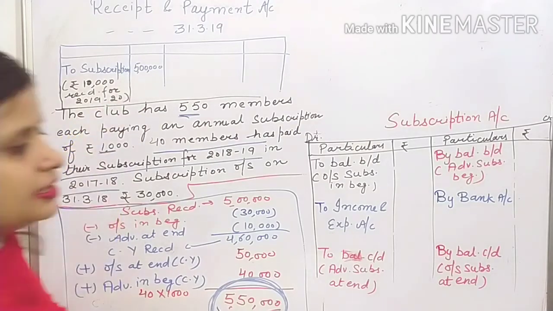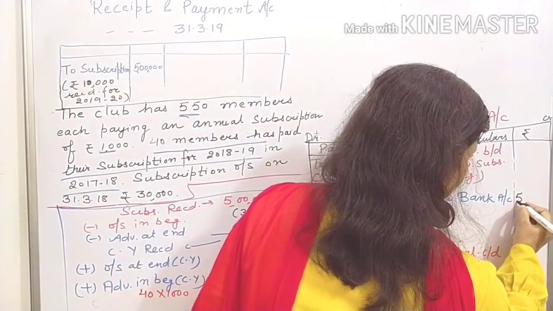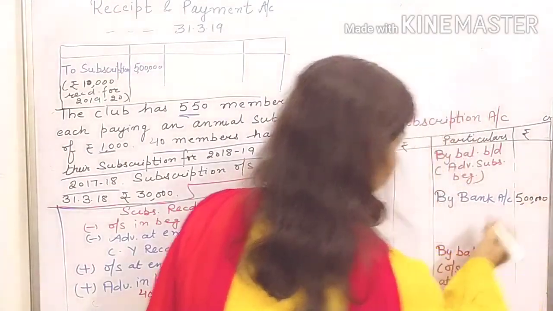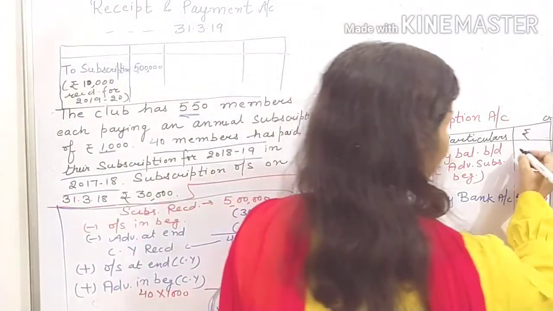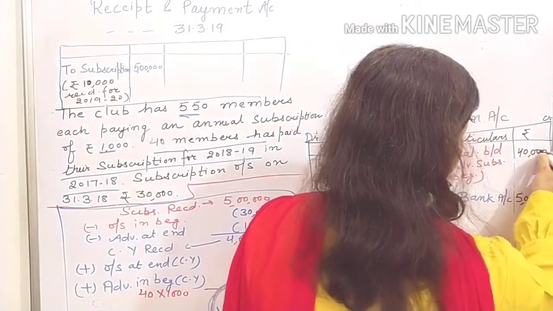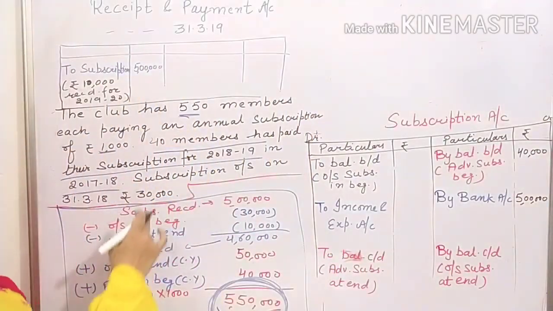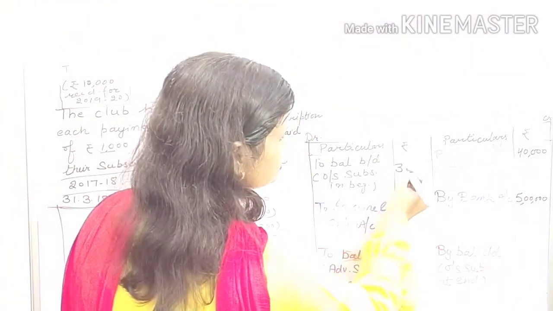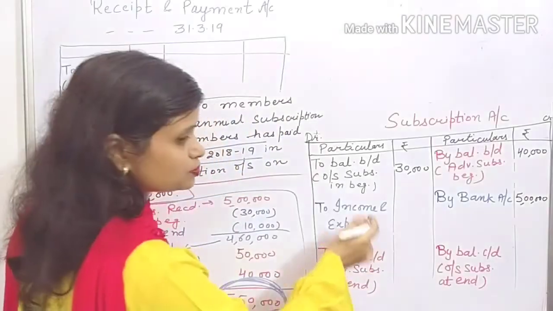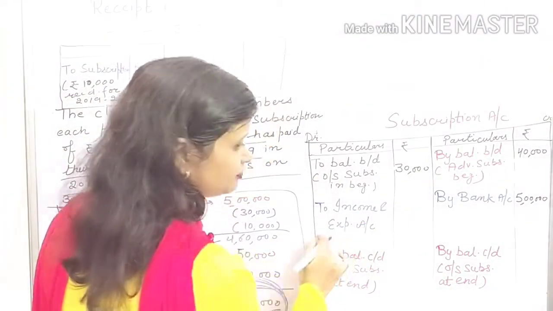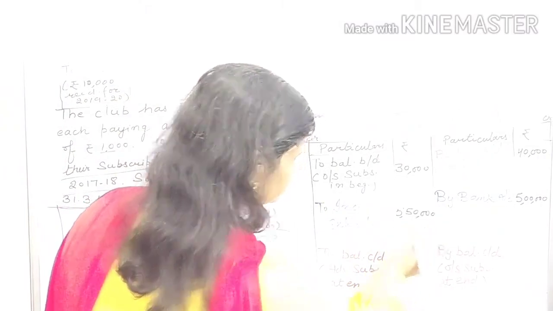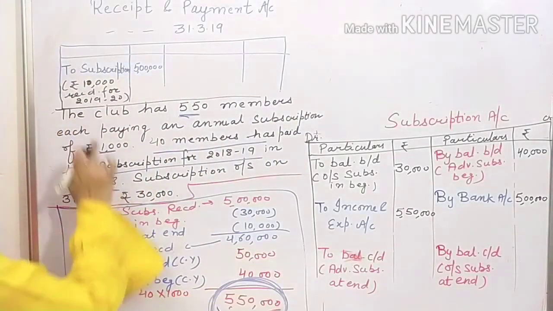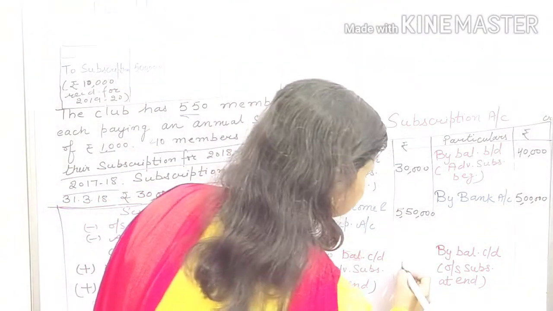Total received 5 lakh. So here you can show by bank account 5 lakh. Advance subscription in the beginning, 40 members have paid. So advance in the beginning 40,000. Outstanding in the beginning, that is given to you, 30,000. You know what amount is to be transferred to income and expenditure account: 550 multiplied by 1000, 5,50,000. Advance subscription at the end, 10,000.